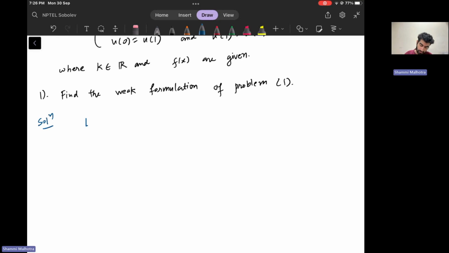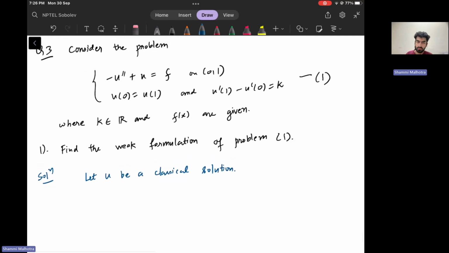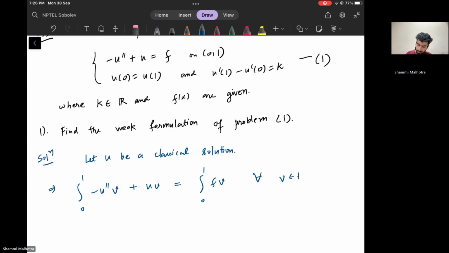We start by letting u be a classical solution. Then we multiply with v, a test function, and integrate over the interval: integral from 0 to 1 of minus u double dash v plus uv equals integral from 0 to 1 of fv, for all v in H1 0 1.